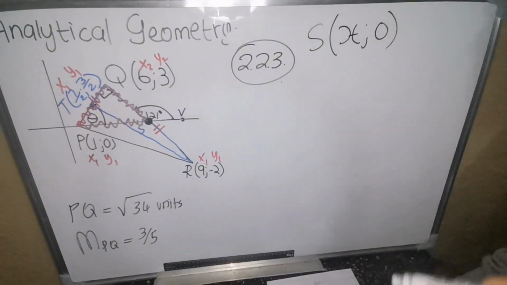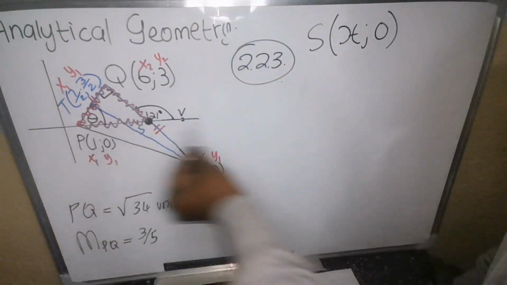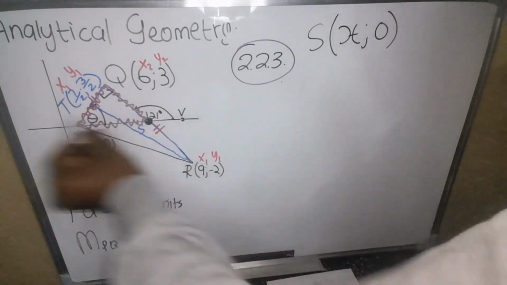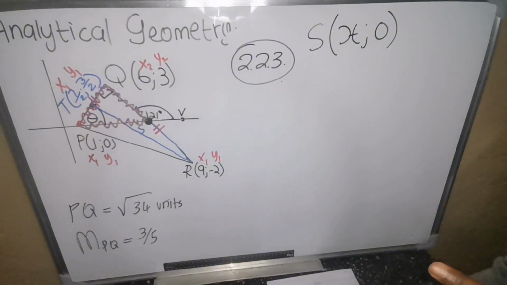Why? Because that point S sits on the x-axis, and any point that lies on the x-axis has its y-coordinate equal to 0.